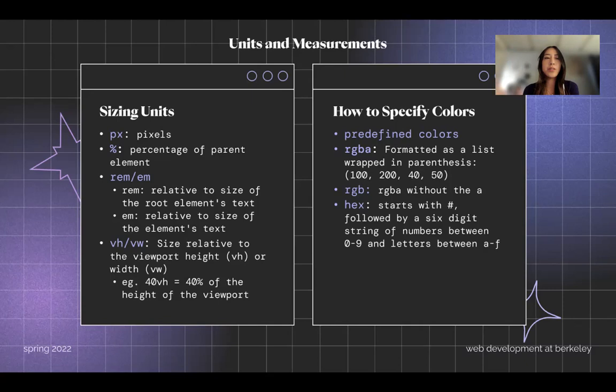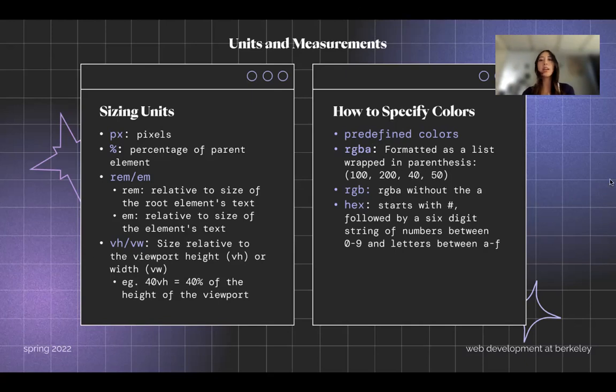So your window is your entire Chrome window, but your viewport is just that screen part. Here's an example, 40vh equals 40% of the height of the viewport. This is really nice when it comes to responsive styling. So maybe you want your style to look good on an iPhone and an iPad and a laptop, and maybe you want it to look good when you're resizing a window, maybe when you size it to half. So that's really nice.